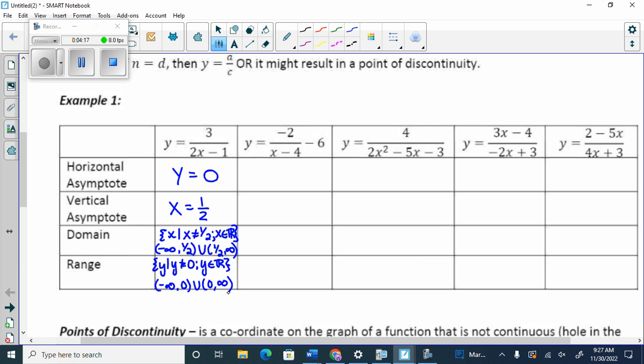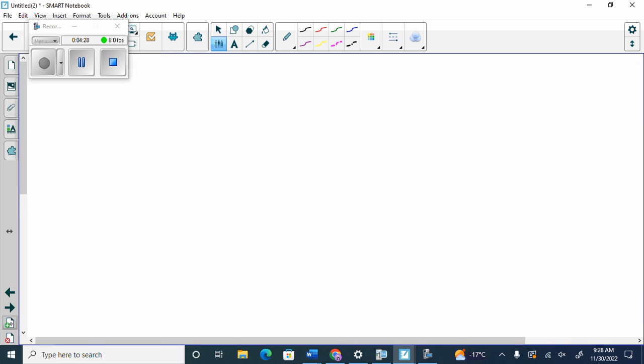Cool. I want you to now type in, ready? It's not on here. You're typing in your own version. Ready? It is y equals -1 over 3x plus 1. I want the vertical asymptote, horizontal asymptote, domain and range. You can think it. You can write it on a separate sheet of paper.